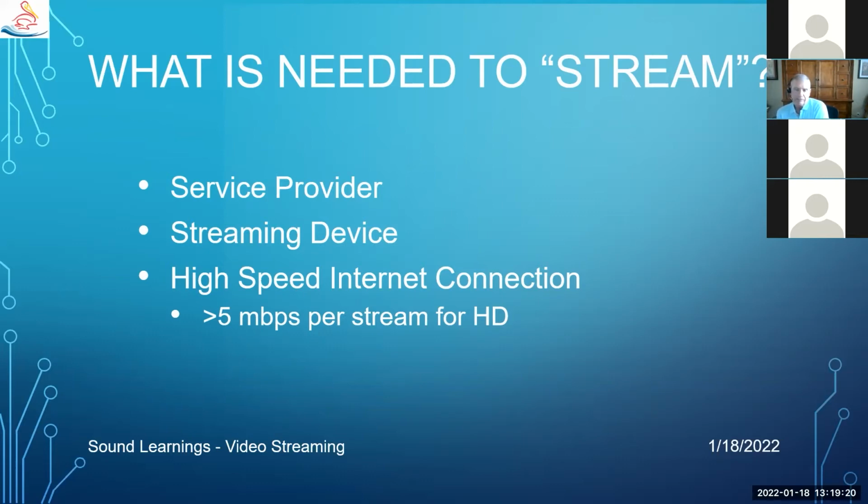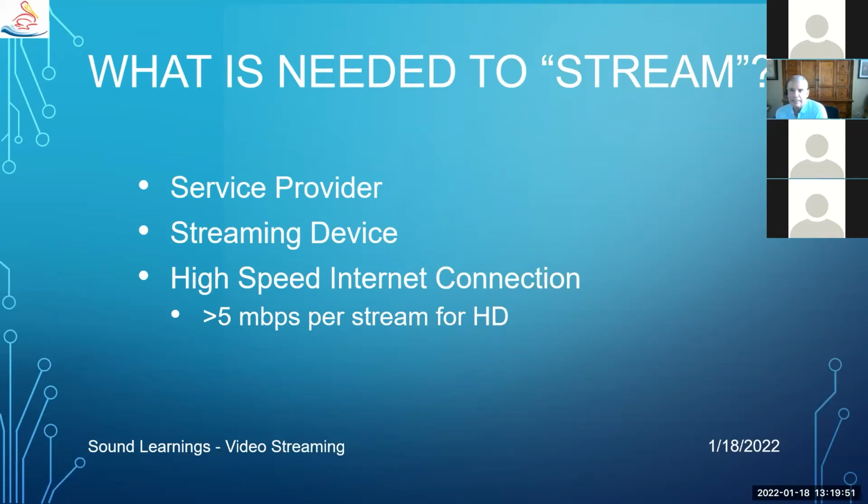So if you think about 5 or 10 megabits per stream, our speed here in Pelican Sound from Xfinity is typically, and it does vary, somewhere between 200 and 300 megabits per second, Mbps. So theoretically, you could stream a lot of movies on the internet that we have here in Pelican Sound from Xfinity.